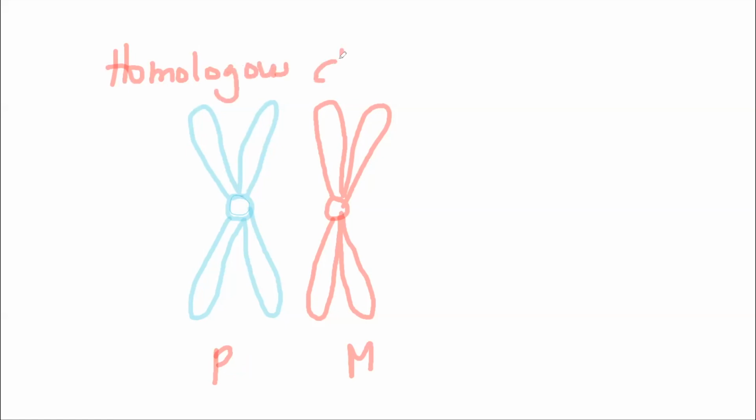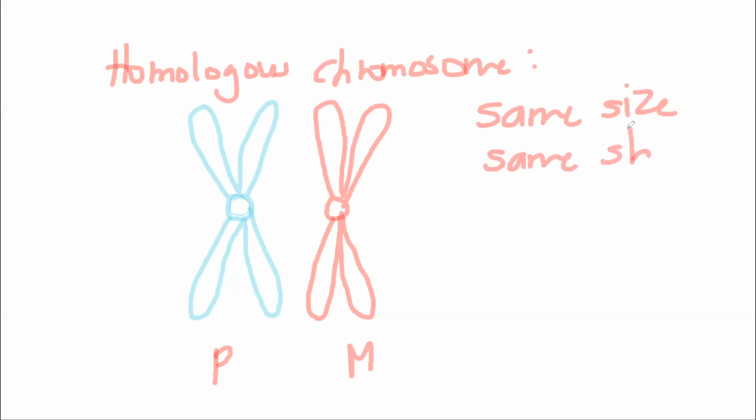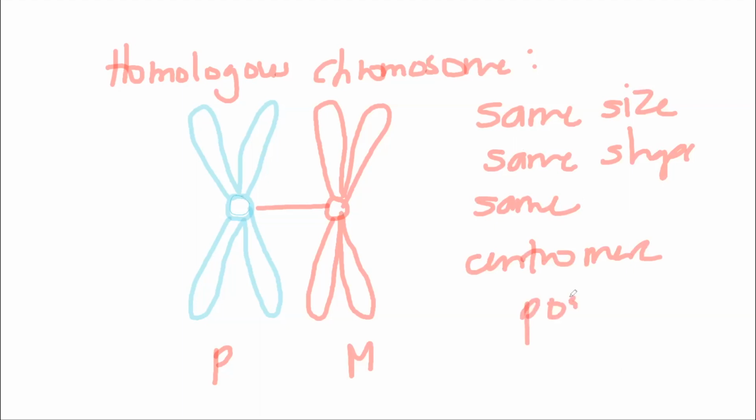Now homologous, homo means the same. Now homologous chromosome, can you see I drew them the same sizes, the same shape, the same centromere position. Remember, this is the centromere, and it's very important, it's centromere.